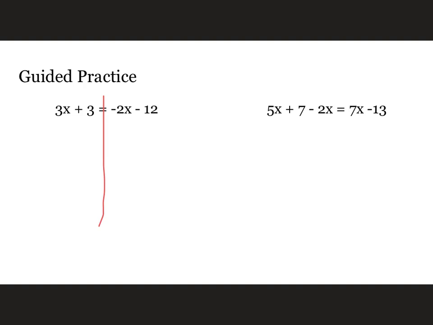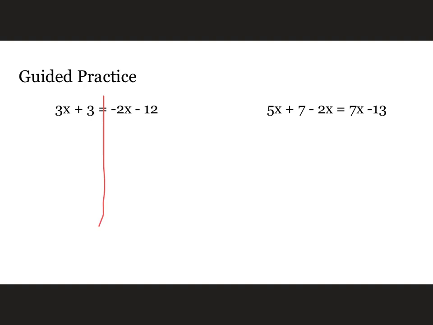The first thing that I want to look at are my values or my terms with x. So I have a 3x and a negative 2x. I always like to move the smaller term. In this case, the smaller term is that negative 2x. If I want to move that term, I have to use opposite operations.